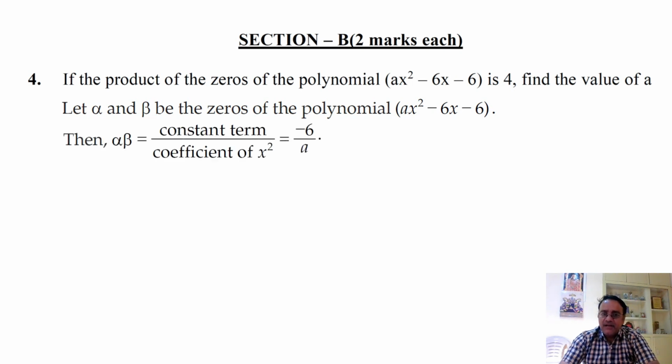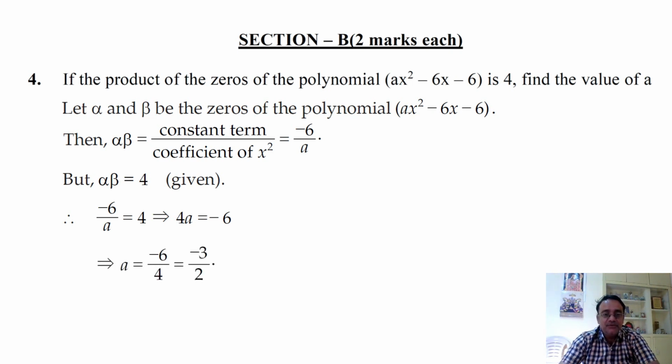So the product alpha beta is c by a, where c is the constant term and a is the coefficient of x square, that is minus 6 by a. The product is given as 4. So we'll substitute: minus 6 by a is equal to 4. So 4a is equal to minus 6, right? यहाँ पे -6 के जगह पे ए तो ए कितना हो जाएगा -6/4, that is -3/2.